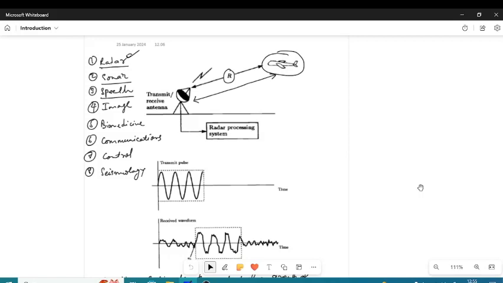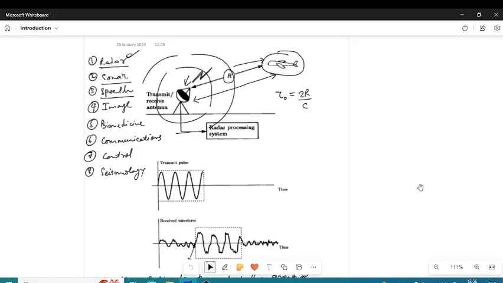So how do we do that? The method is to transmit an electromagnetic pulse. So this pulse spreads out in all the directions, and then it hits the target, and then it gets reflected back to the receive antenna. So the delay in receiving the signal, which we denote as tau zero, is given as 2R over c. 2R is the total distance traveled by the EM signal, that is the electromagnetic signal.